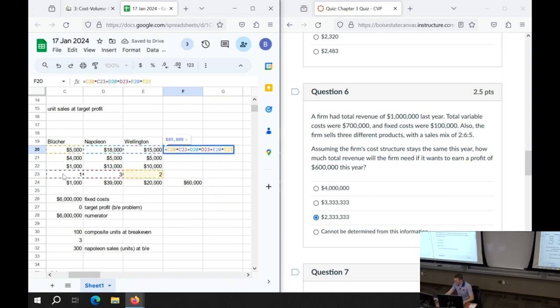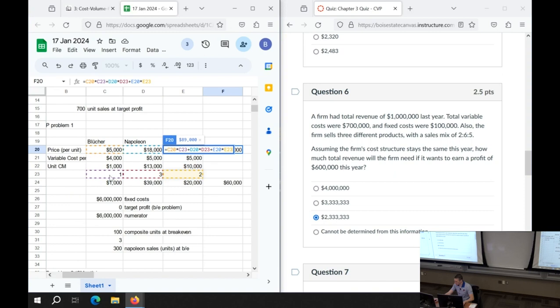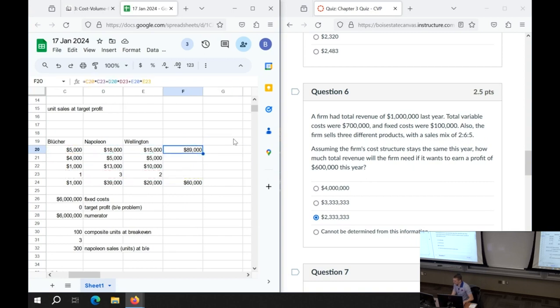Given our sales mix, we're multiplying the sales revenue of each unit times the sales mix. So given our per composite unit thing here, we should be selling 89,000. And now we'll get the right CM ratio. All right. That should be our total revenue at which we break even.